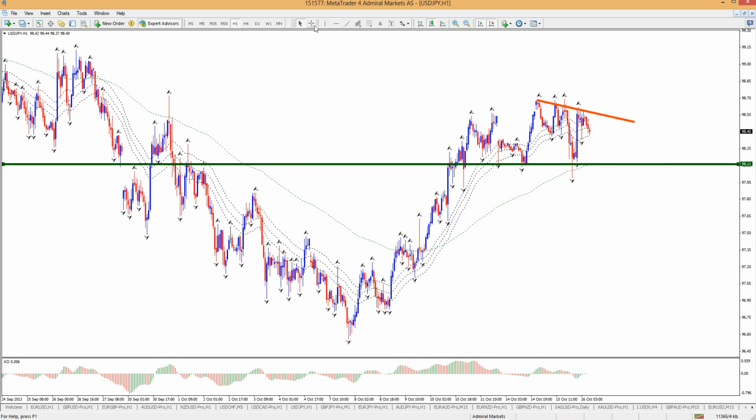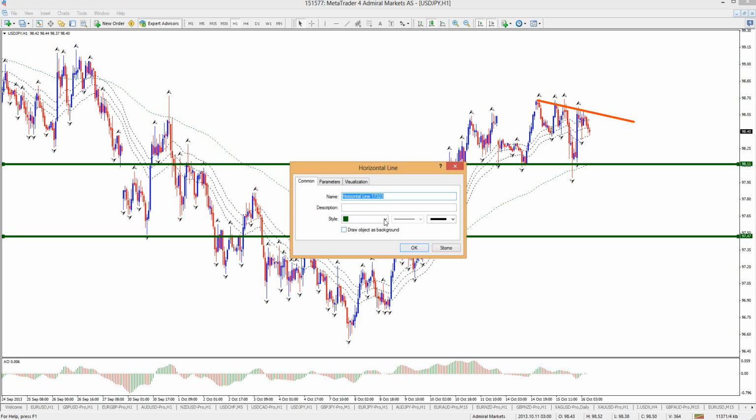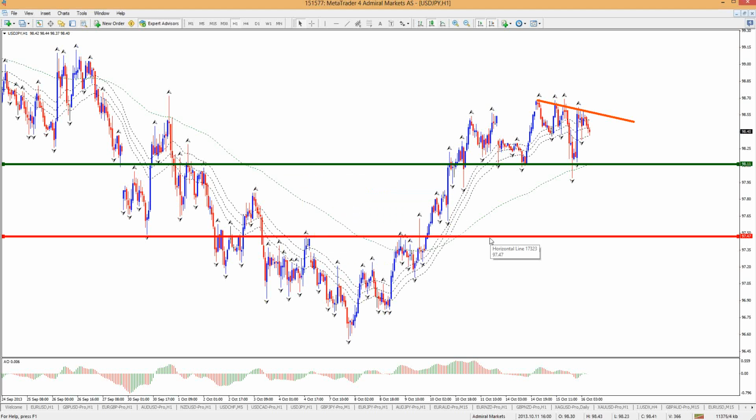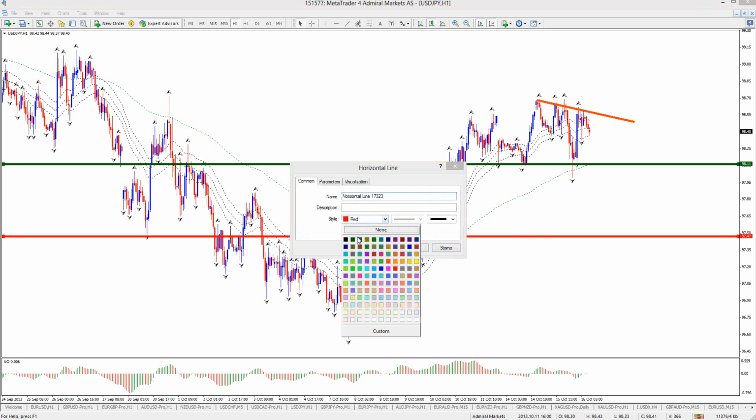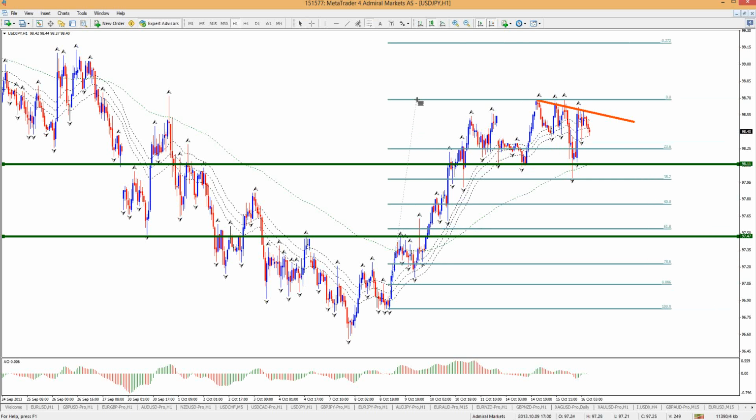Let's see though. The invalidation level is 97.50. If we break below 97.50, then something else is going on. Oh, well, I can keep that green, in fact. Other than that, we could expect a bounce at the 50 fib if we were to break below, because we bounced off the 382 here.